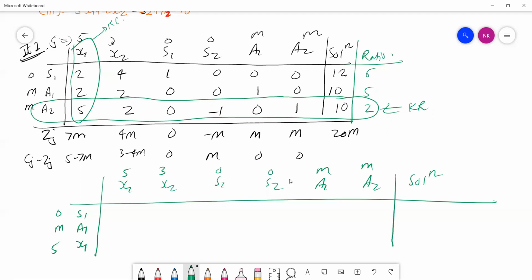This is what we have as the solution. Over here, we have the ratio.